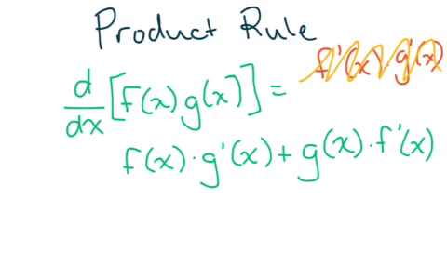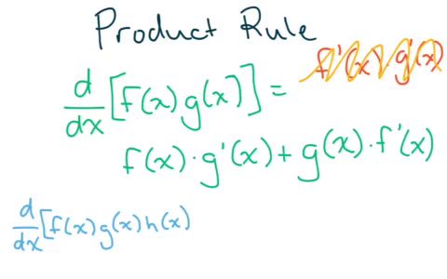Right? In fact, it doesn't even just have to be two things multiplied together. If we had three things multiplied together, so if we had f of x times g of x times h of x, we just need to take the derivative of one at a time, and so it really doesn't matter.